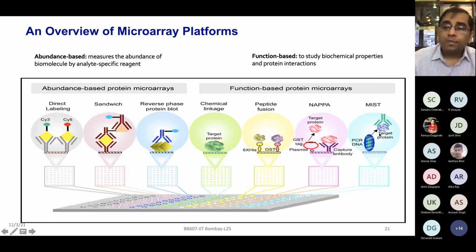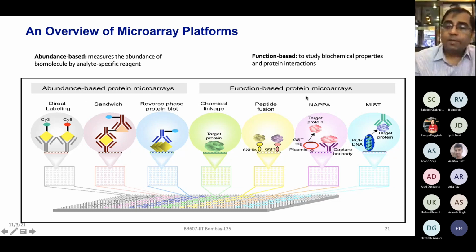So these can be utilized more towards understanding the function of the protein. These arrays could be utilized more towards understanding the abundance, or how much higher expression you have for a given type of protein. So broadly, we have two categories: abundance-based arrays and function-based arrays.